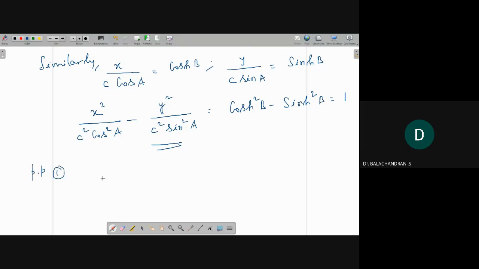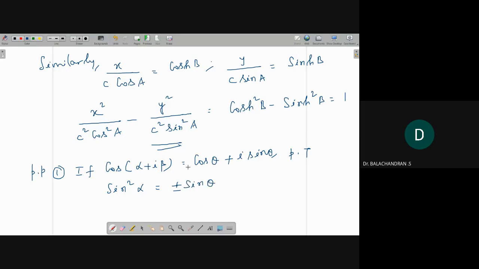So now practice problem 1. First practice problem: if cos of (alpha plus i beta) is equal to cos theta plus i sin theta, prove that sin square alpha equal to plus or minus sin theta.